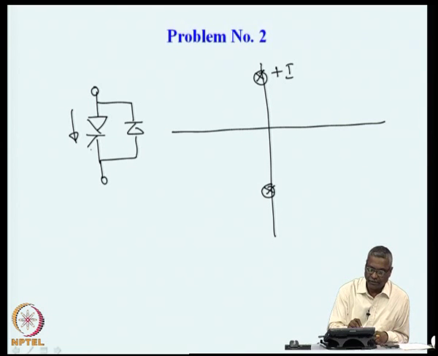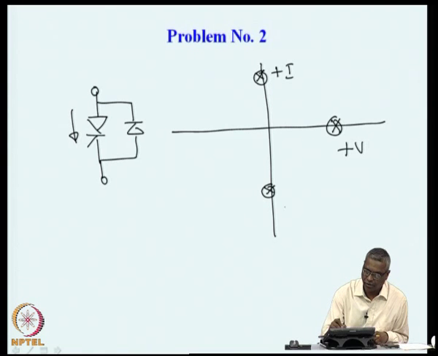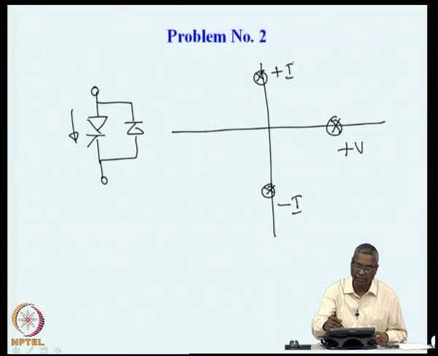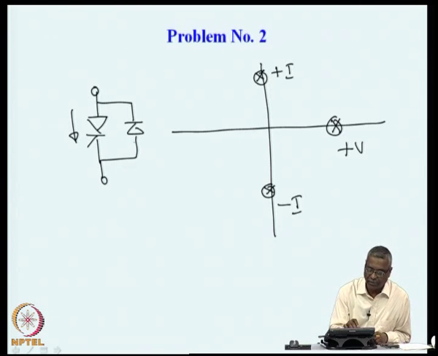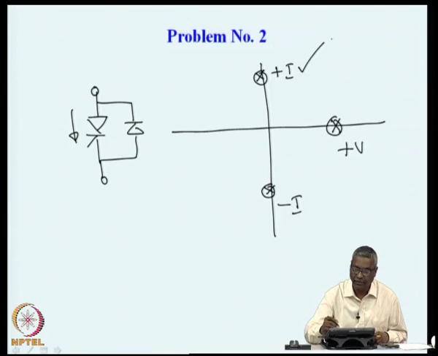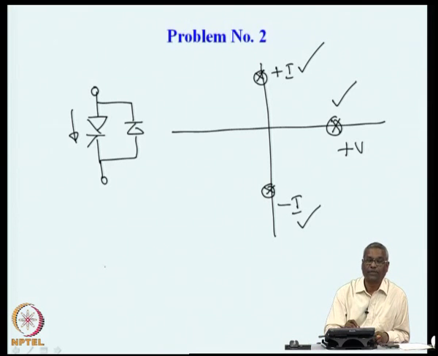When the device is not gated on and if you apply a positive voltage, the thyristor will block and the diode also will block, so you can have plus V blocking, minus I conduction, plus I conduction. Because the diode is present, this device is not capable of blocking negative voltages. So a thyristor in parallel with a diode can conduct current in the positive direction, can conduct current in the negative direction, and can block voltage in the positive direction. These are the possible operating conditions on the VI plane.